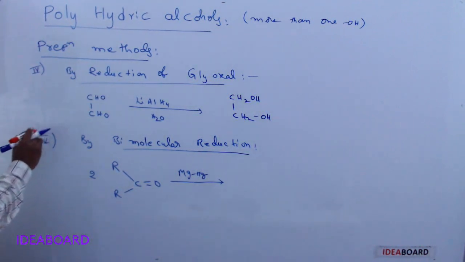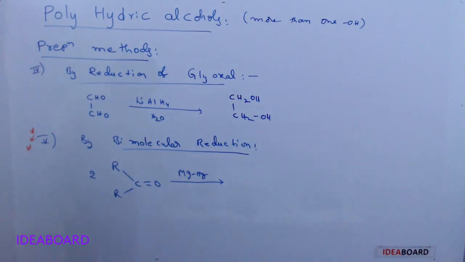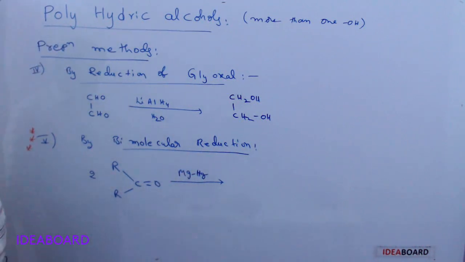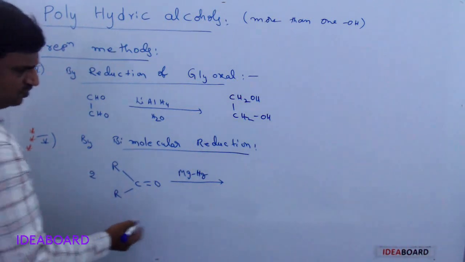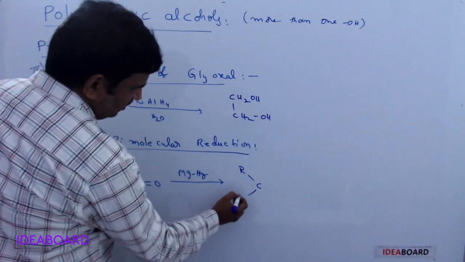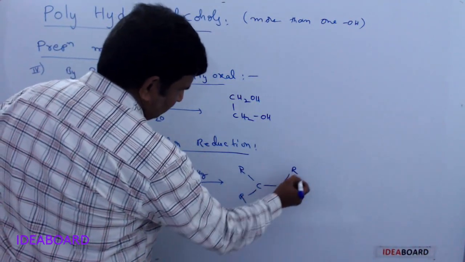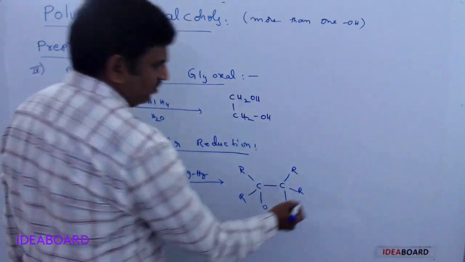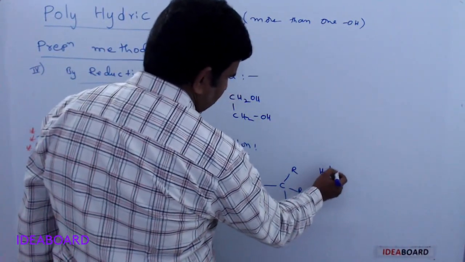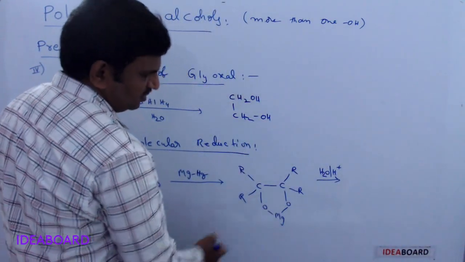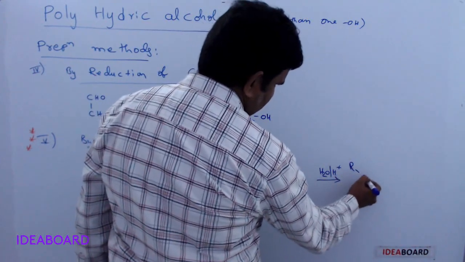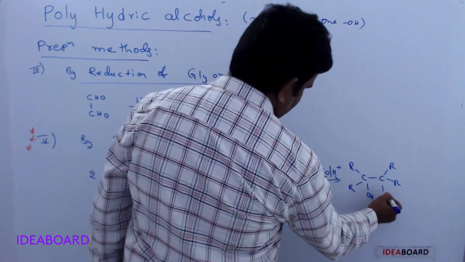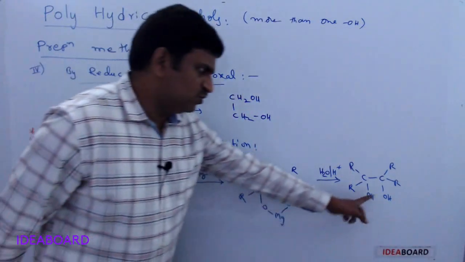This is a little bit important, and the product here is called pinacol. For this bimolecular reduction, the reagent to remember is magnesium-mercury alloy. Ketones undergo this reaction, and first an intermediate is formed, with OMgX and O. This intermediate undergoes hydrolysis further, and we get R, C, R and C, R with OH groups, so two OH groups are adjacently present.